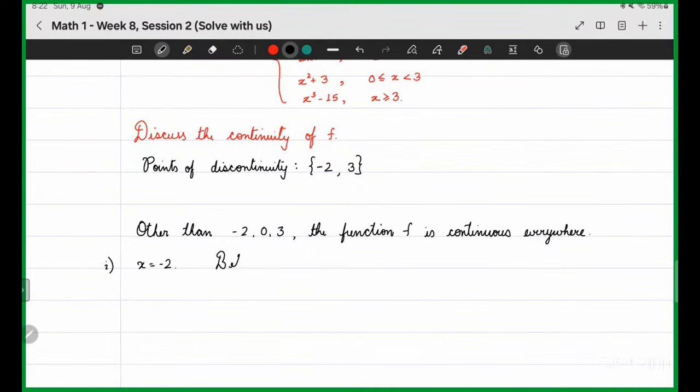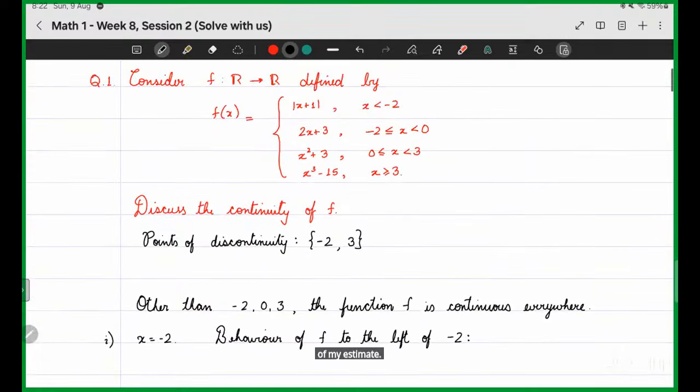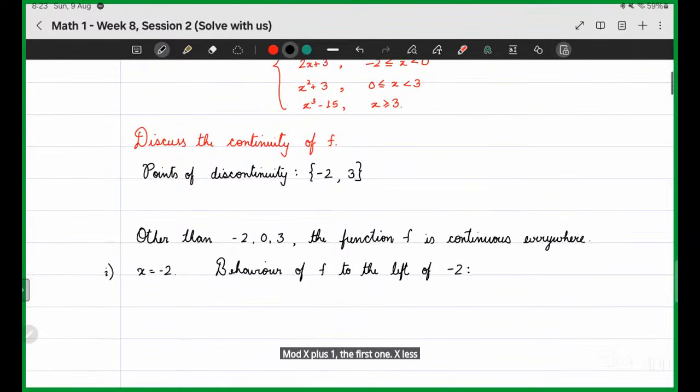Behavior of f to the left of -2. So how is it defined to the left of -2? Mod x plus 1, the first one. For x less than -2, it is mod x plus 1, right?